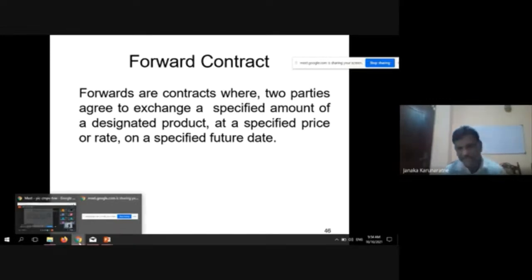Can someone explain? Conceptually, what is happening is the same. But what benefits and what disadvantages compared to futures? Can someone tell?